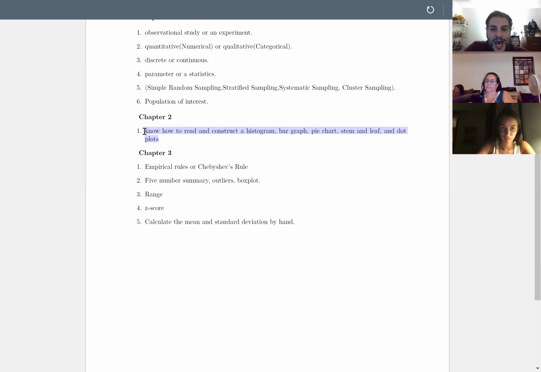If I ask how many people fall into a category, or how many people scored higher or lower than 70, you should be able to read the histogram, pie chart, or stem and leaf plot to give me an answer. Any questions in regard to anything in chapter 2? Cool. Stem and leaf plot.